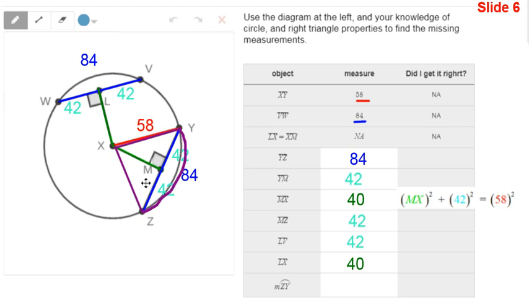We talked about before with our arcs, the measurement of the arc is related to the central angle from where it was intercepted. So if I could figure out this angle measurement here for YXZ, that would help me figure out my measurement for the arc ZY.